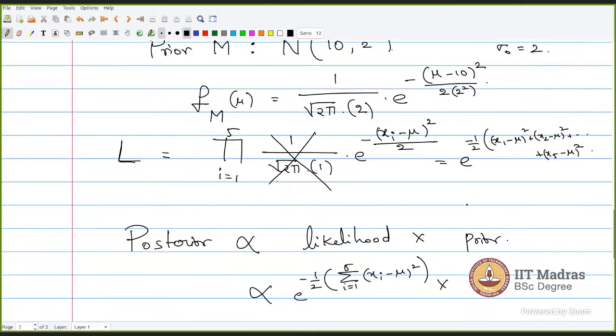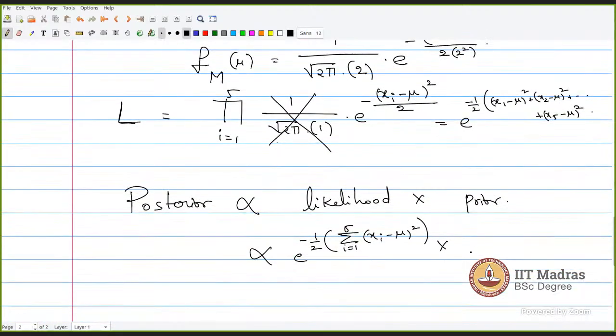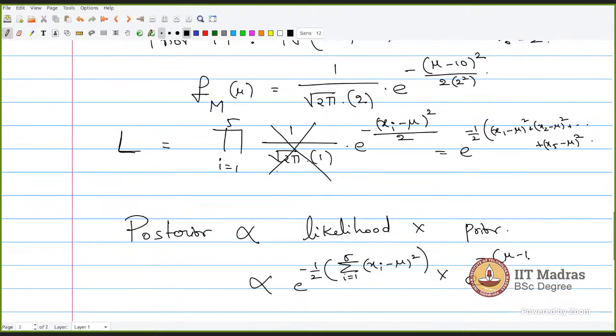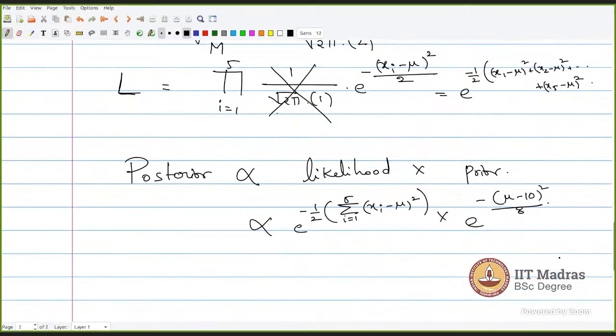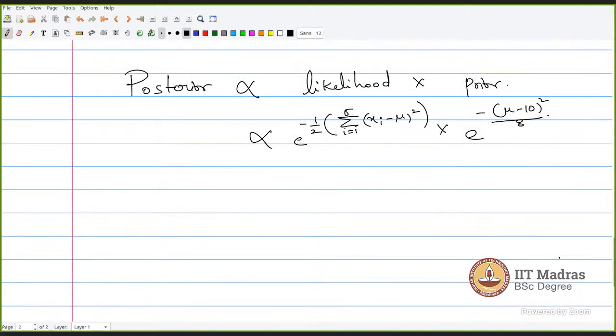Even in this prior, we need not worry about the constant part. So it will be e power minus (mu minus 10) squared by 8. So this is what the posterior is.